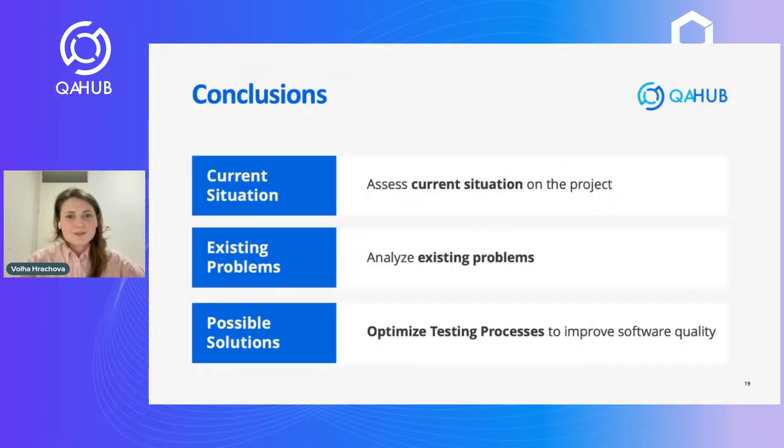And we are getting closer to the end of the talk. Let's briefly discuss what has been covered. We discussed how to assess the current situation, which input we can use, and which metrics can be useful for this. We also analyzed the existing problems during the testing stages, and based on those problems, we brainstormed which solutions we can implement in order to address them.